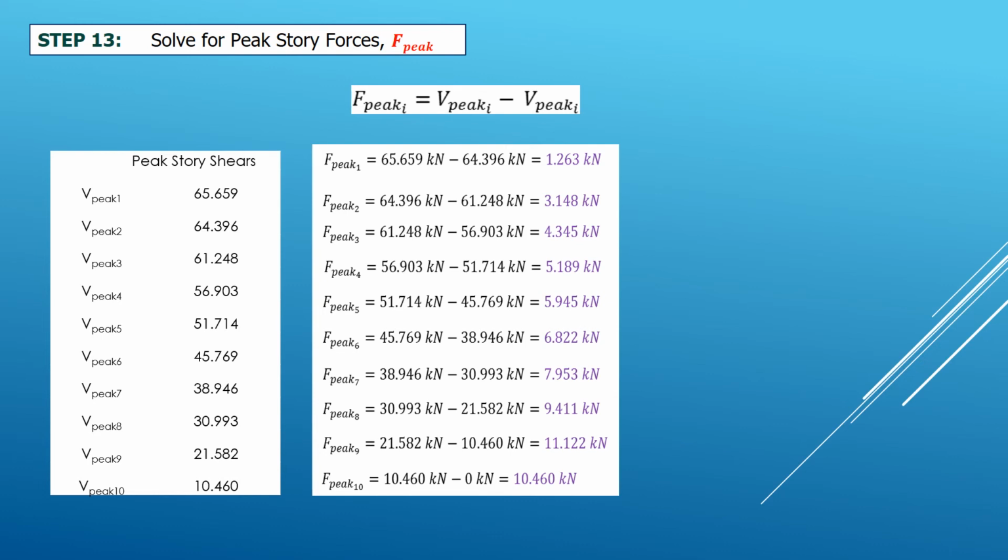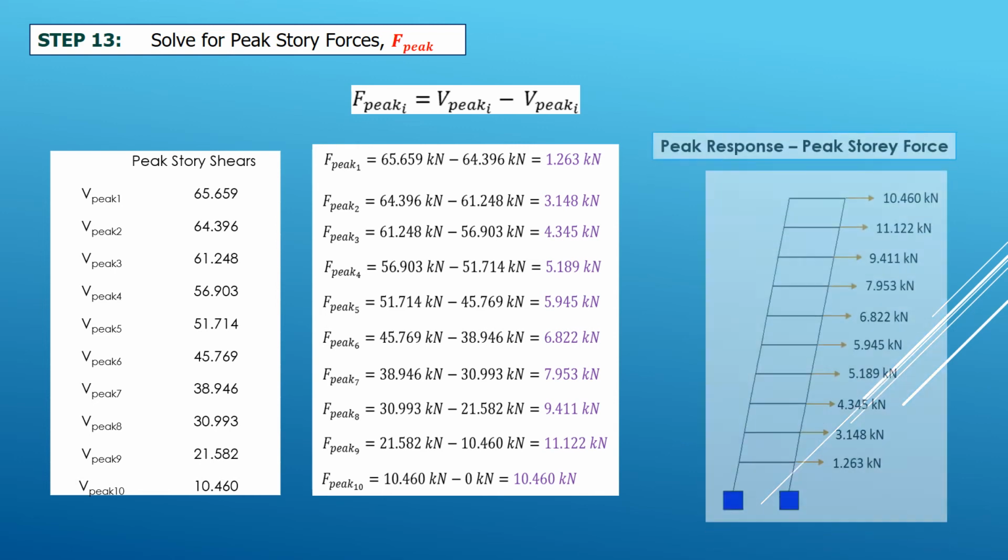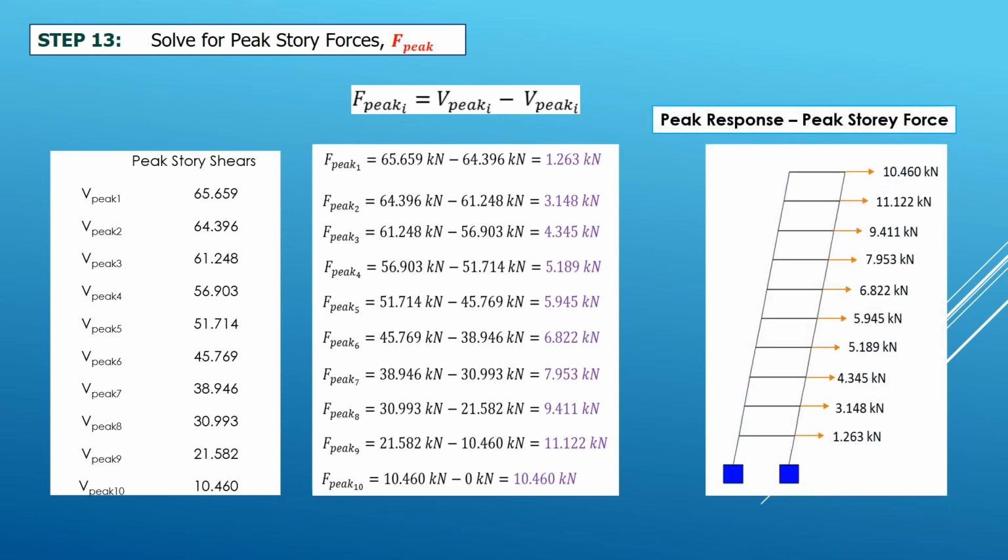V peak 3 is minus to V peak 4, so on and so forth. Para makuha natin yung peak story forces of every peak. So, ito na yung peak response, peak story force. Ito na yung itsura niya kung i-plot natin siya.